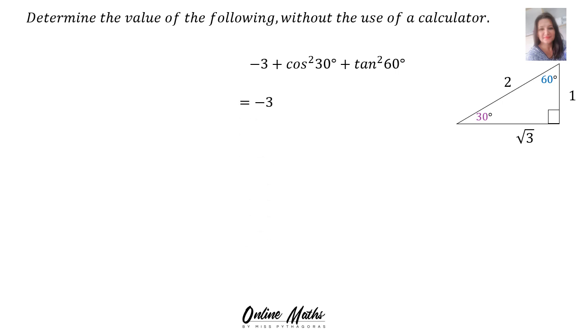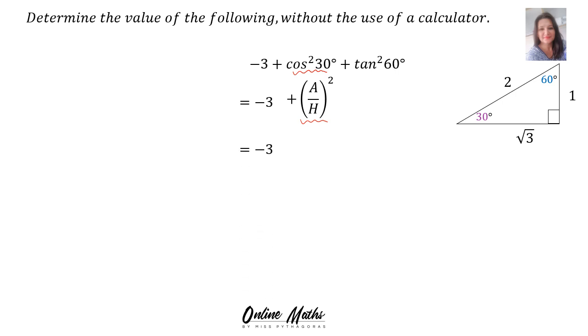Now, don't be scared because there's a square there. All you do is you say the ratio for cos is adjacent over hypotenuse, and then you put a big bracket around the whole ratio and you're going to square it.